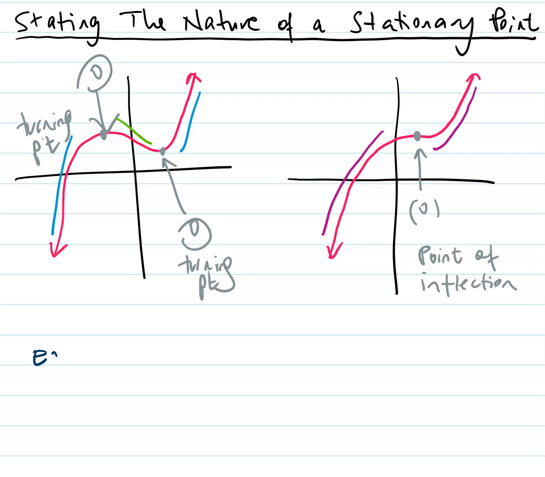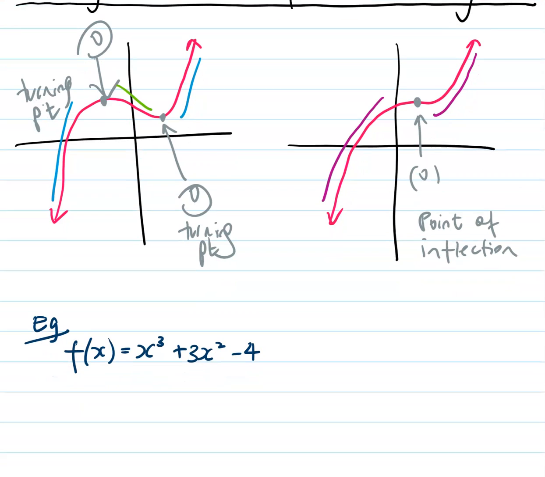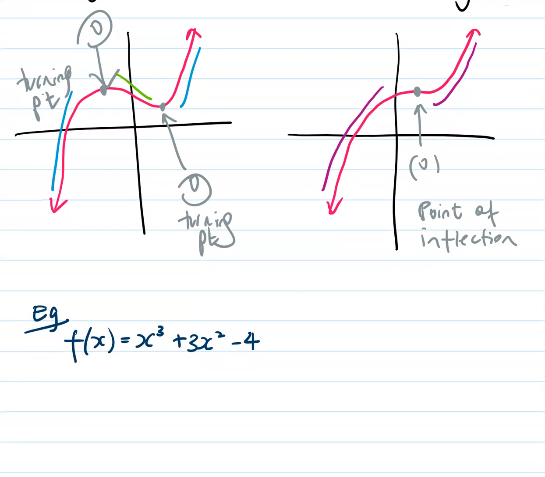The first example I'm going to show you is a cubic again, and it's f of x equals x cubed plus 3x squared take 4. So as we know, the first step to finding where stationary points are is to find the derivative of the function.